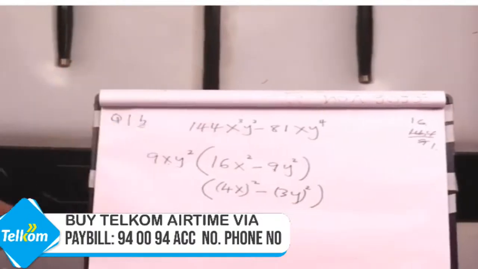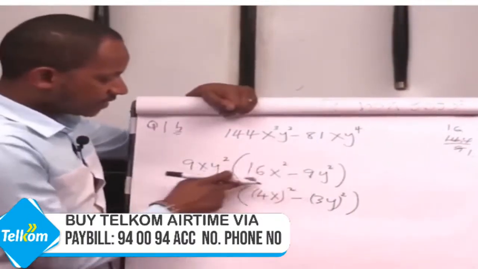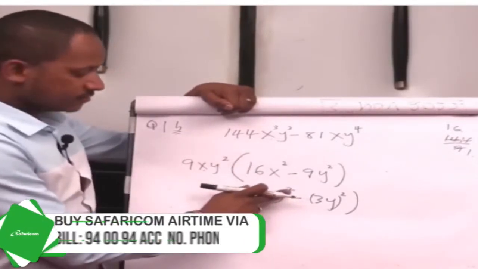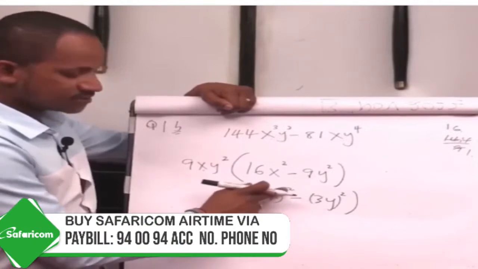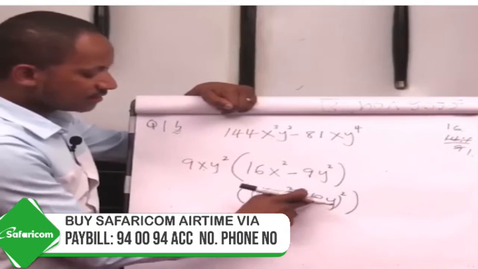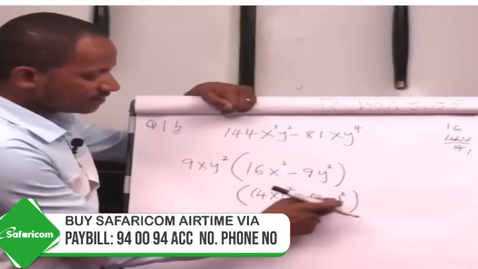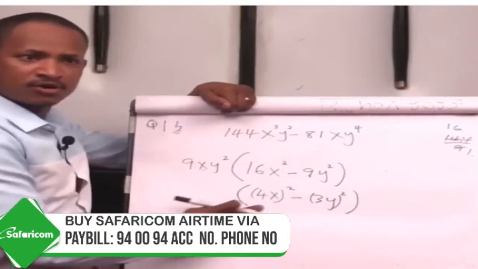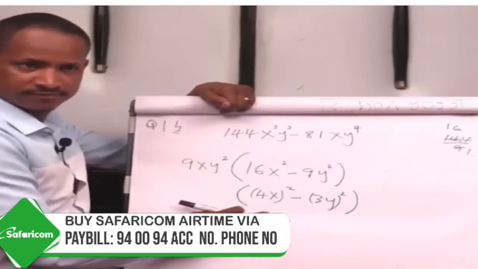I want to explain this again. 16x squared can also be written as 4x everything squared. So 4 squared is 16, x squared is x squared. 9y squared can also be written as 3y everything squared. So when you look at this, we remember something called a difference of two squares.